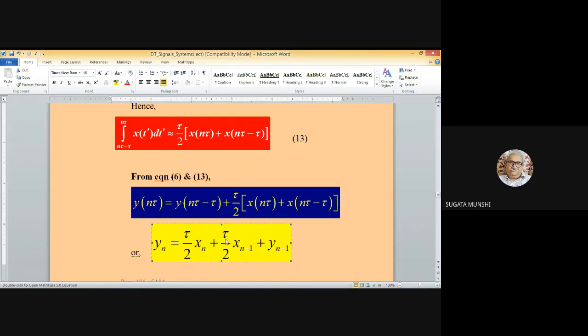Those two coefficients, the coefficients of x n and x n minus 1 terms, are the same.